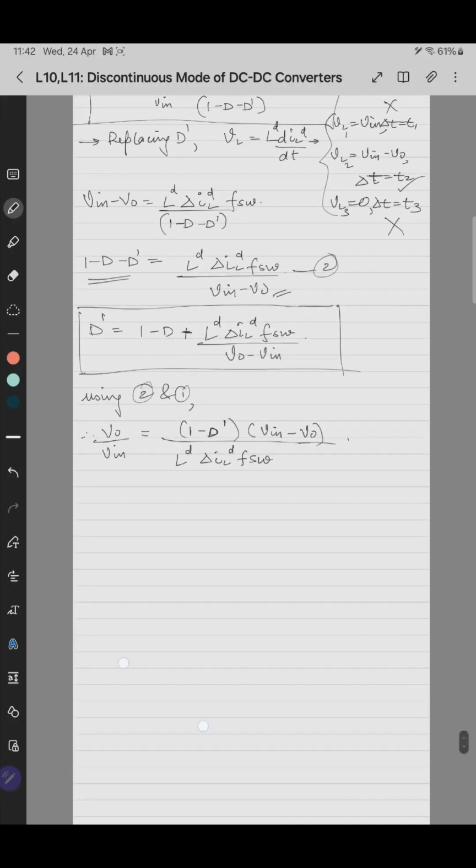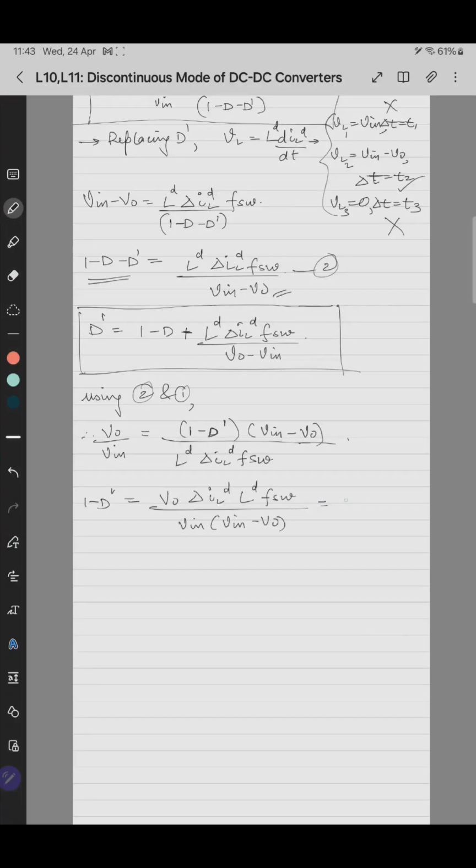So 1 minus D dash equals V naught into LD delta IL of D into F switching divided by V in into V in minus V naught.